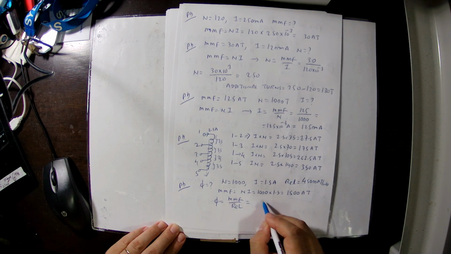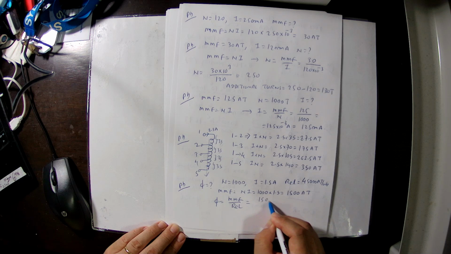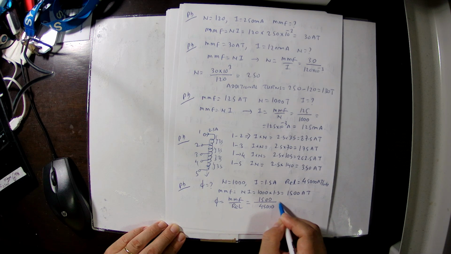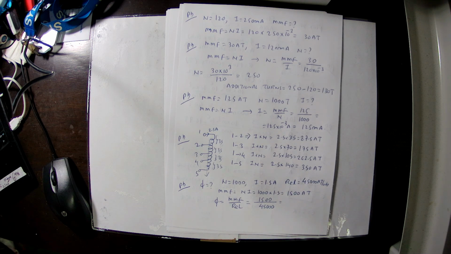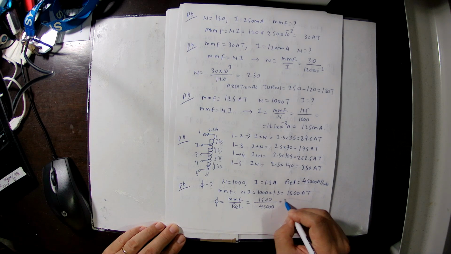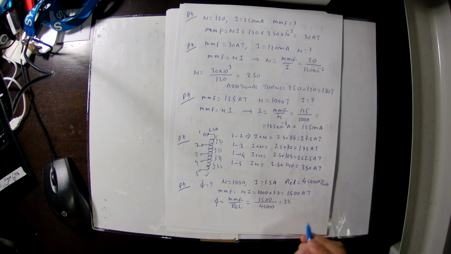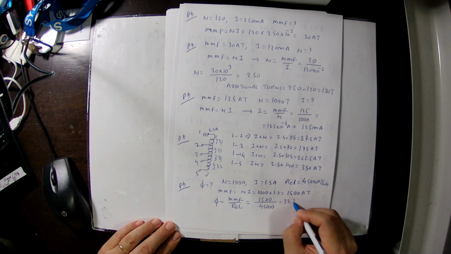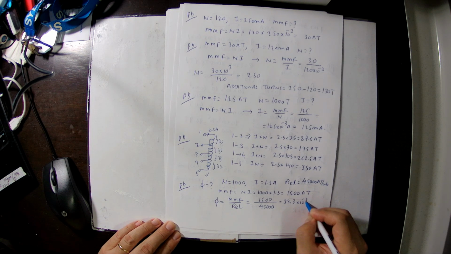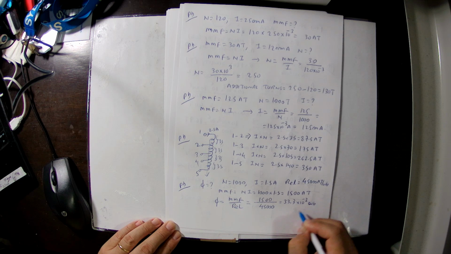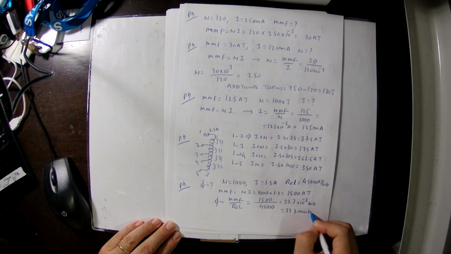MMF is 1500, reluctance is 45000. By solving this, we get 33.3 into 10 power minus 3 weber, or 33.3 milliweber. This is the answer.